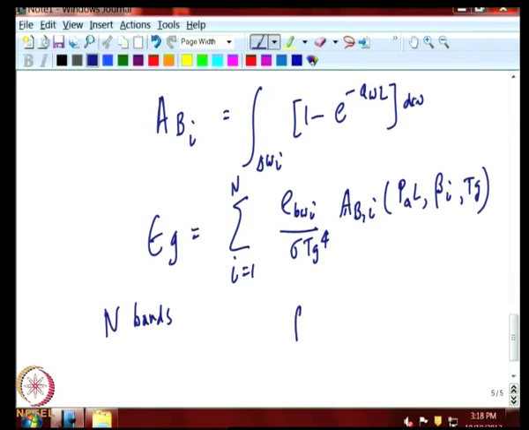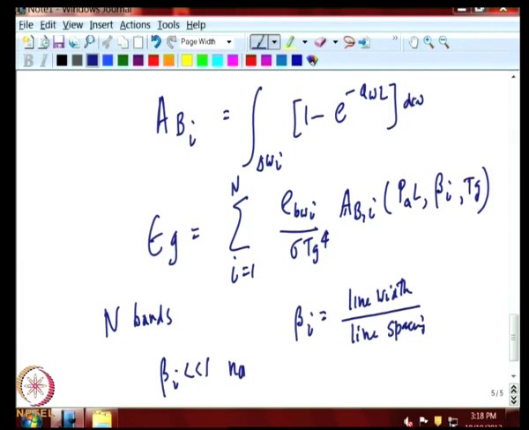The line structure parameter beta_i is nothing but the line width of the ith band by line spacing. So, this will play an important role in determining absorptivity of the gas, because if the line width is small compared to line spacing, that is beta_i is much less than 1, you have essentially non-overlapping lines.